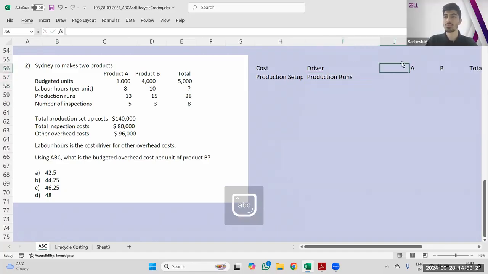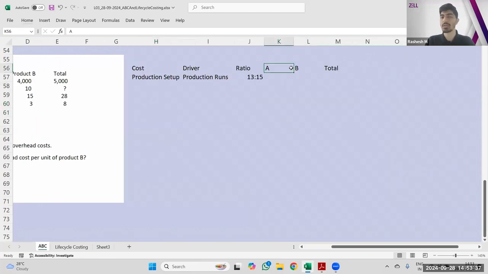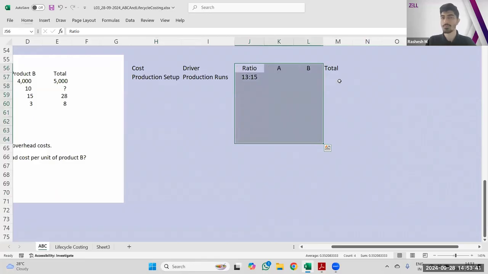So all I need to do is see the ratio. 13 production runs are happening for product A, 15 production runs are happening for product B. So it's simply 13 is to 15. I need to take my 1,40,000 and split it between A and B in that ratio.